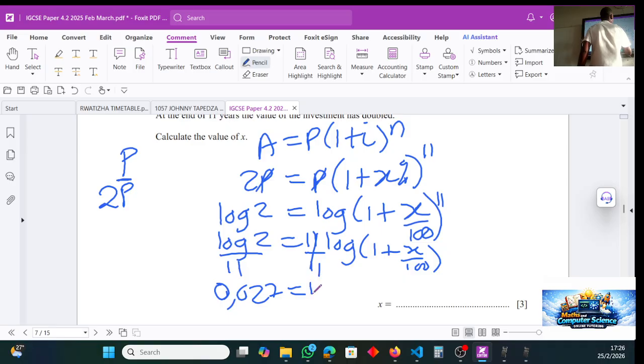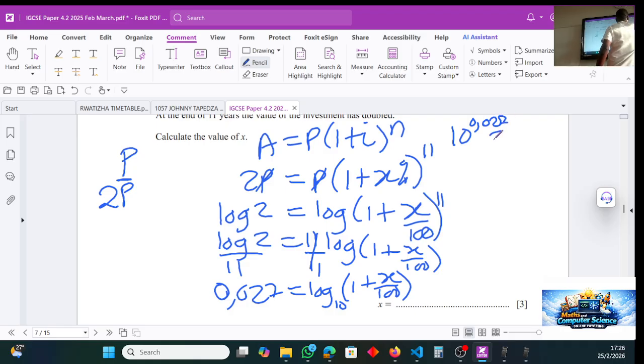Let me write it approximately. 0.027 being equal to log, inside the bracket is 1 plus x all over 100. But remember, every log is to the base 10. So if I want the log to go away, I'll proceed with the calculation here to say 10 to the exponent of whatever 0.027 that we get, that will be equal to 1 plus x all over 100.